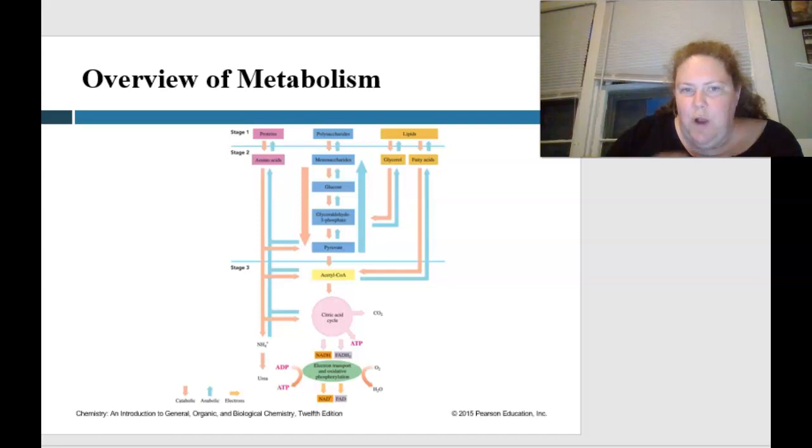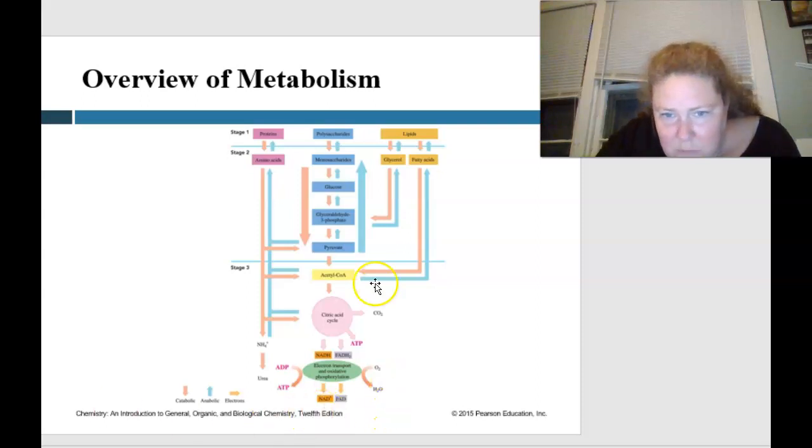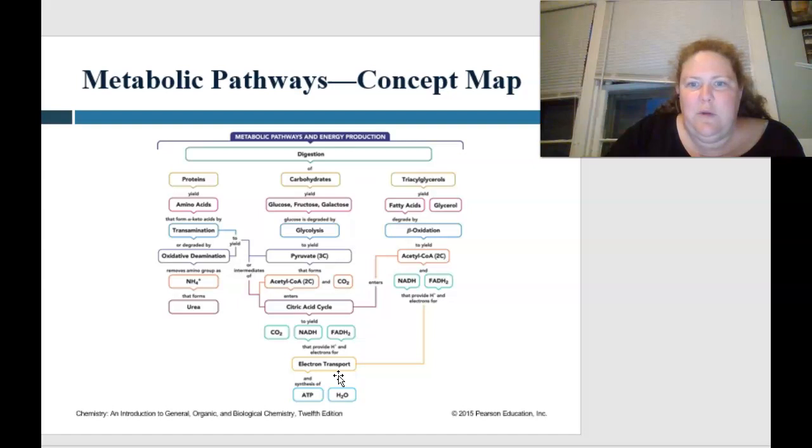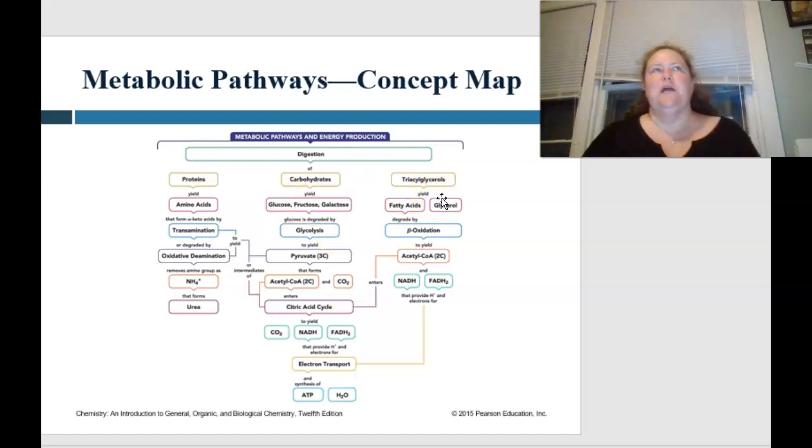So here is your overall view of metabolism. In the book, it's bigger, obviously, but you can see that we have our stage 1, stage 2, stage 3, and we end up making a whole bunch of ATP. And then here are your metabolic pathway concept maps of proteins, carbs, versus fats or triglycerides.